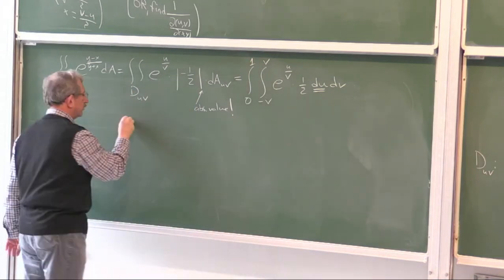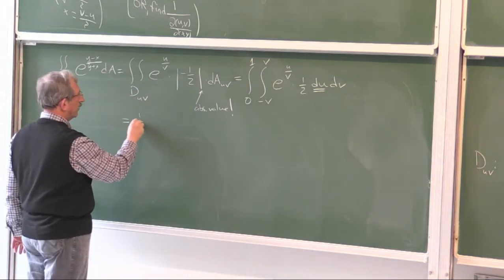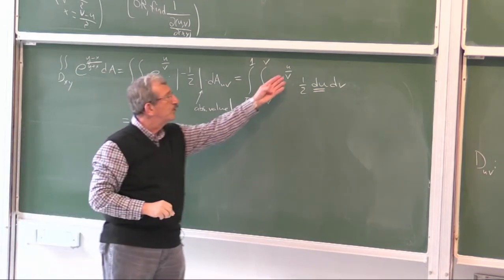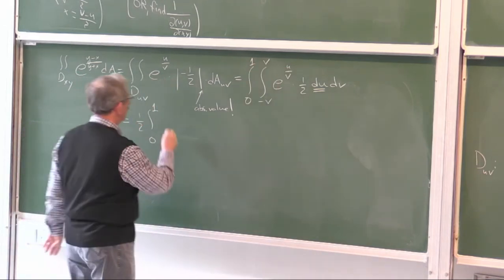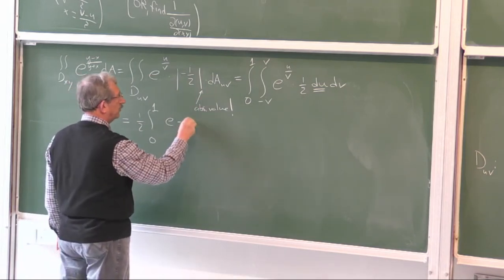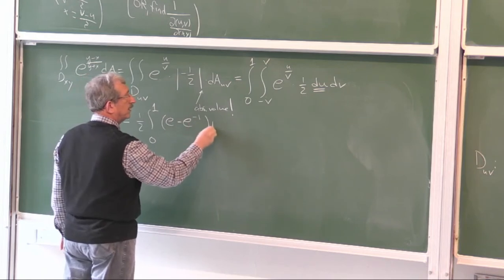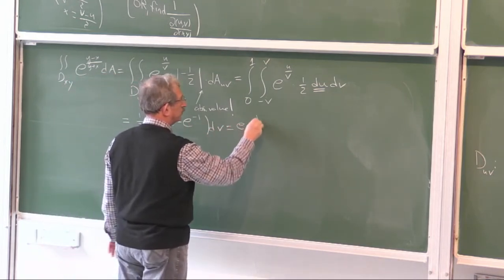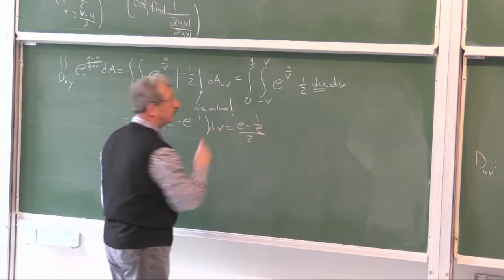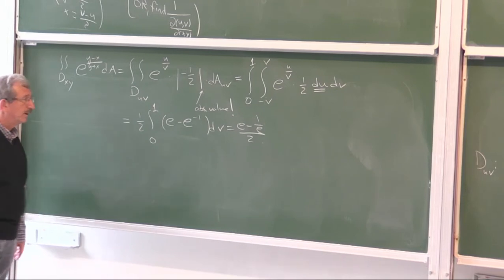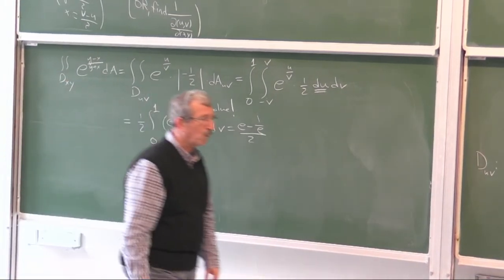This, of course, tells us that we have 1/2 integral 0 to 1. Now, if you put u equal to v, you get e. If you put u equal to minus v, you get e to the minus 1, which, of course, is e minus 1 over e, divided by v, in a very nice, simple way.